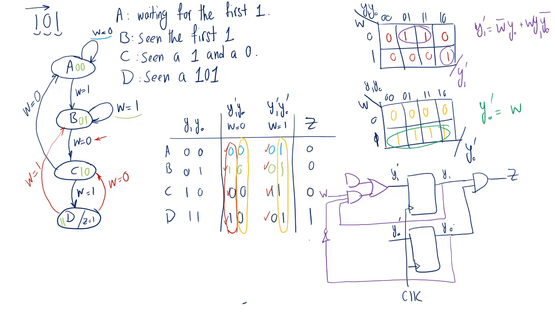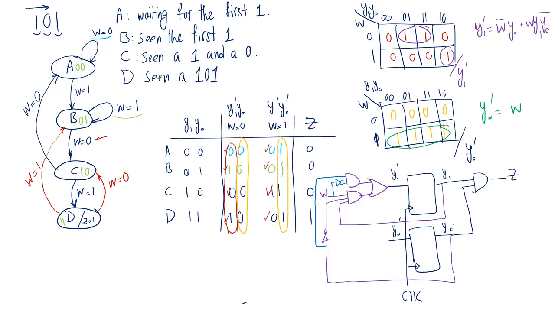Okay, and then the other one is W bar Y0. So let's use a different color. So this is Y0, so I'm going to use it again. And W bar is like this. Okay, so now I made my Y1 prime.